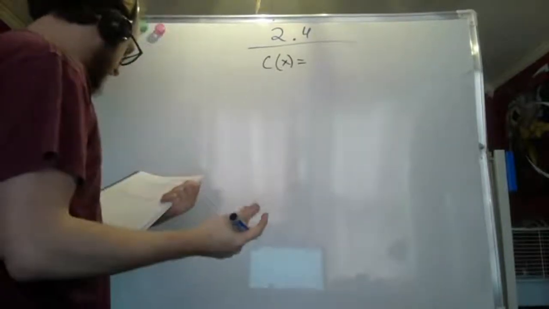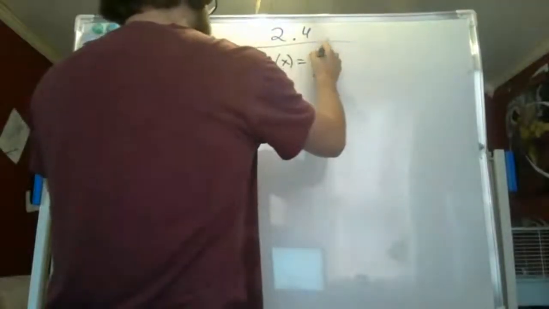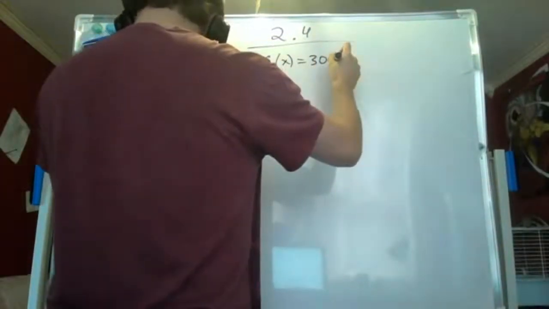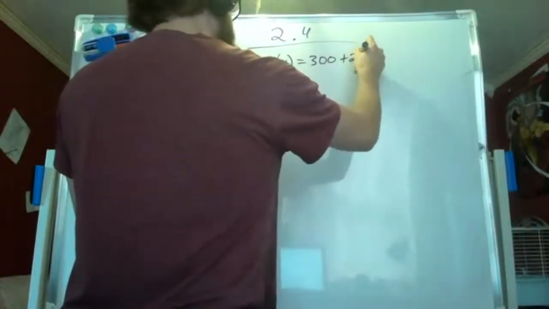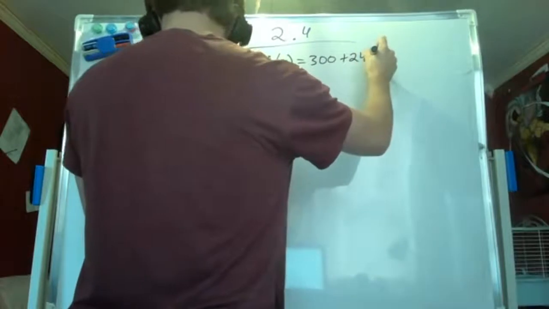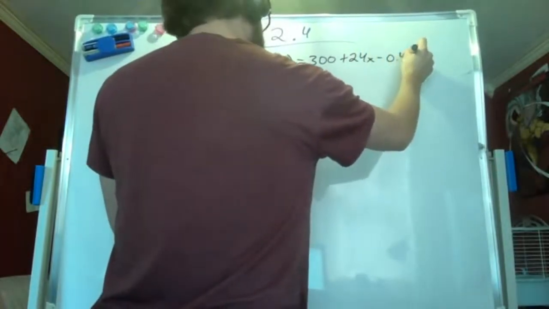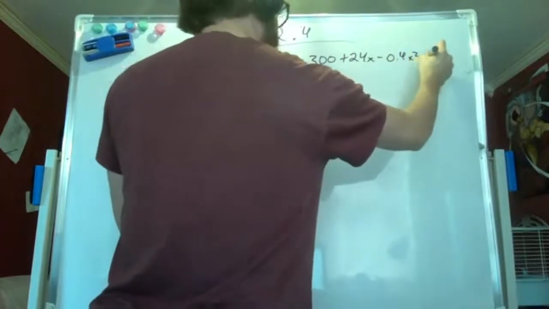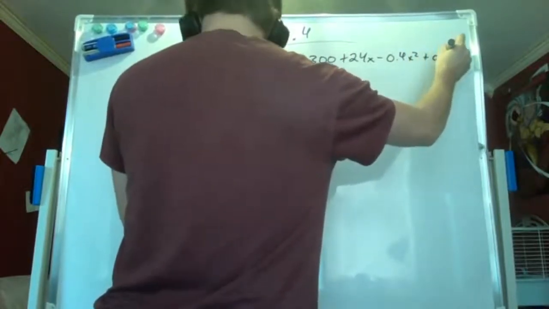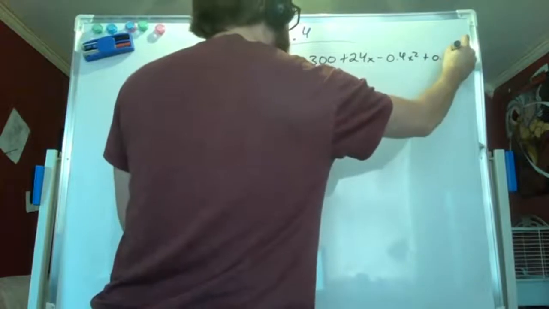So the cost is given as 300 plus 24x minus 0.4 x squared plus 0.1 x cubed.